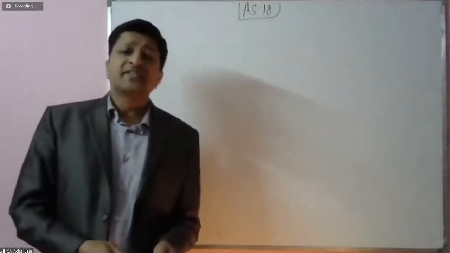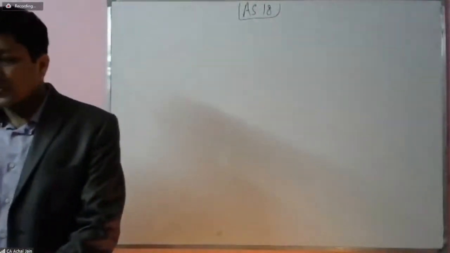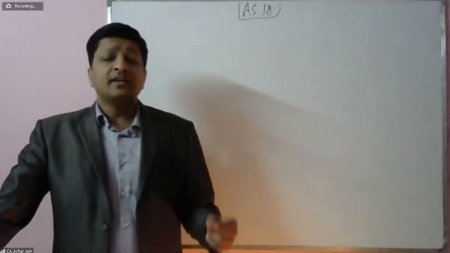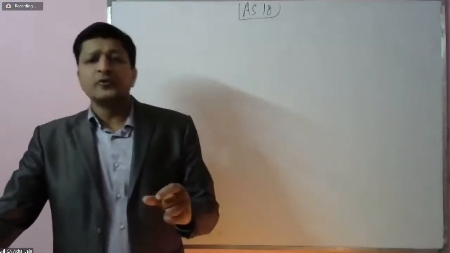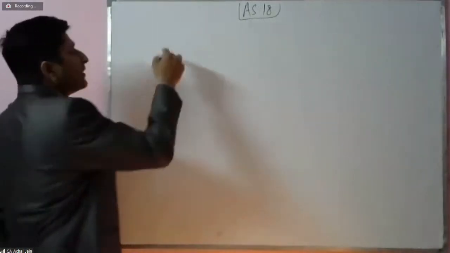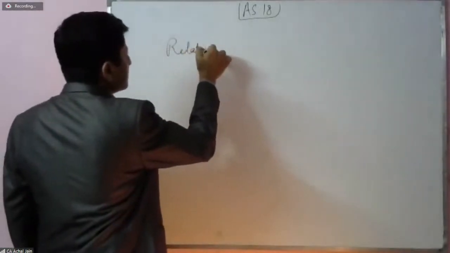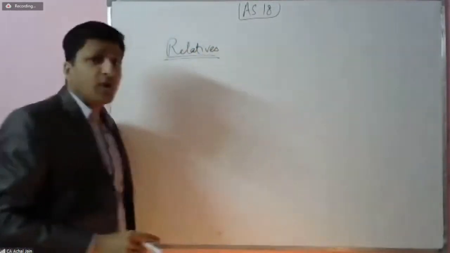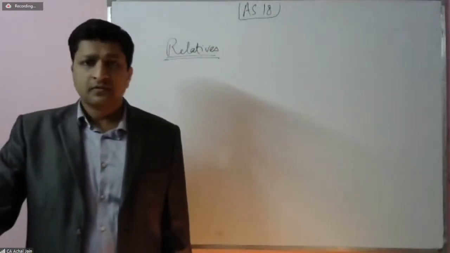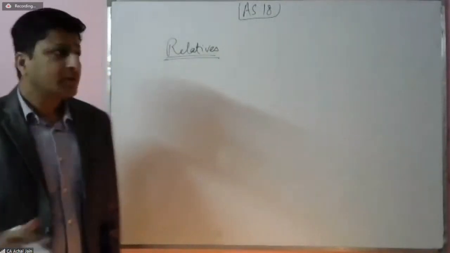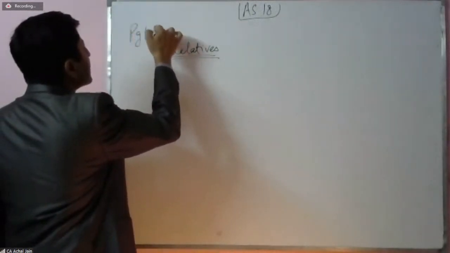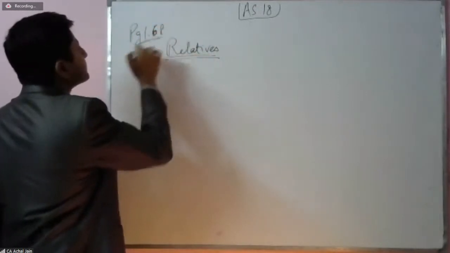Now, when we discussed related party relationships, we covered certain situations wherein relatives of the individuals, relatives of the KMP were also covered. Remember? Now, who are those relatives? Or which all relatives will get covered as per this? Let's understand. You can also refer to page number 1.68 for this.